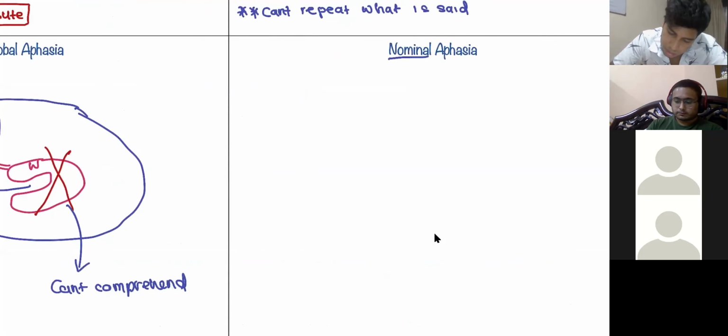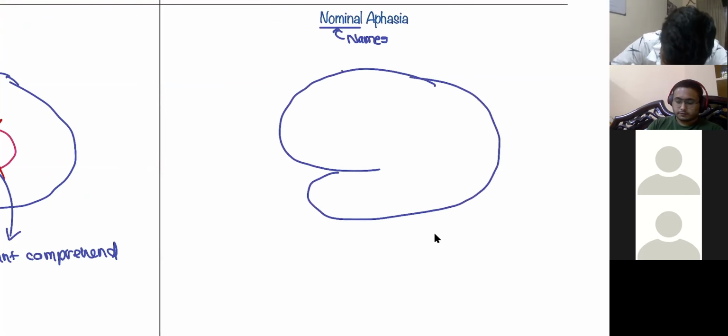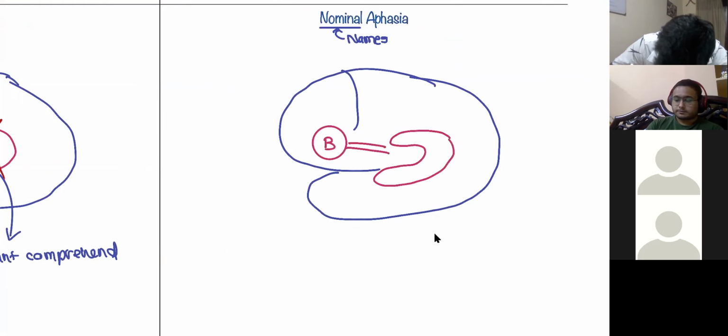Now, nominal, from the word itself, means name. Nominal is names. This is a disorder in which there's a problem in the dictionary. I told you guys there's a dictionary in this area. So this dictionary is what is damaged.